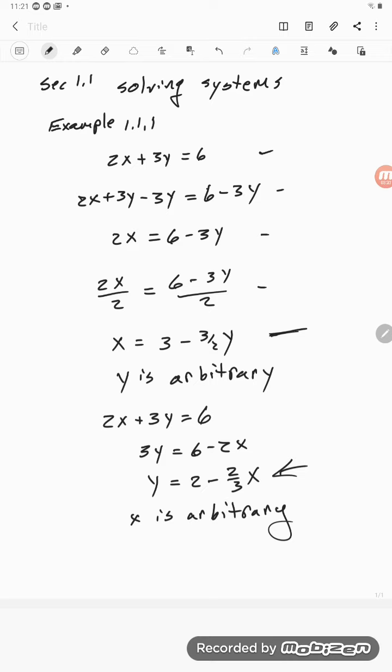Okay, so we've solved that system, and we see this is a case of infinitely many solutions, because I can pick x or y, one of the two, to be anything I want, and then that determines the other one. But I can pick that x or I can pick that y first, and I have an infinite number of possibilities for that.